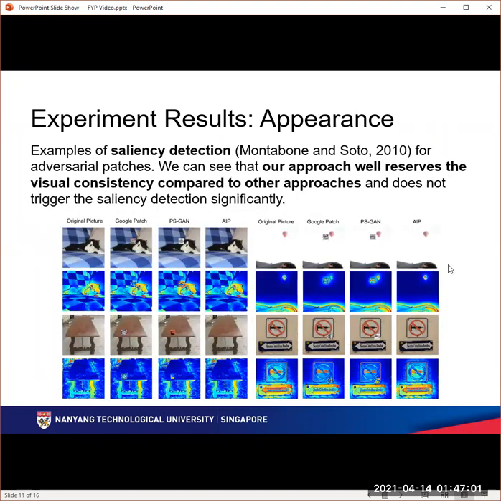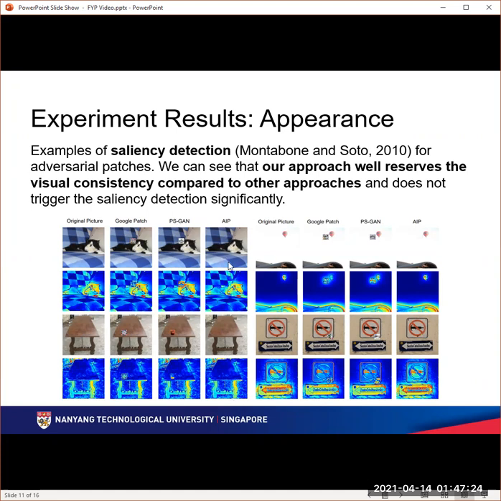We also do a saliency detection proposed by Soto in 2010 for adversarial patches, because our motivation is to generate inconspicuous patches. We can observe our approach compared to the Google Patch approach, this column, and the PSCAN approach, this column. This AIP is our approach.